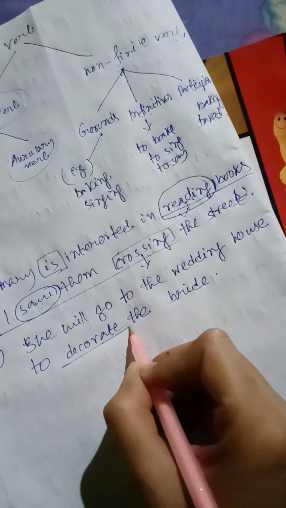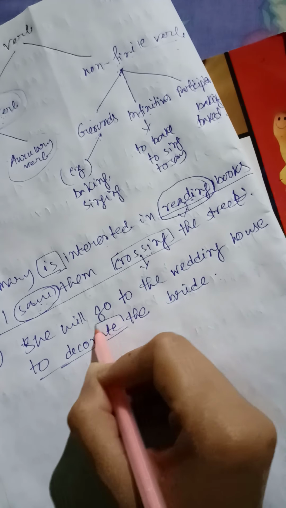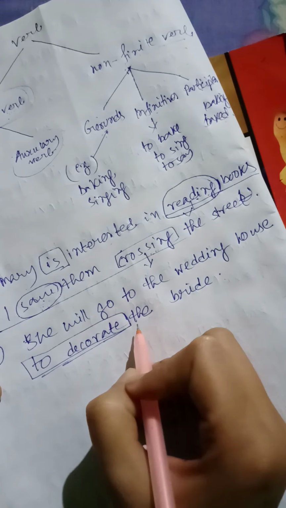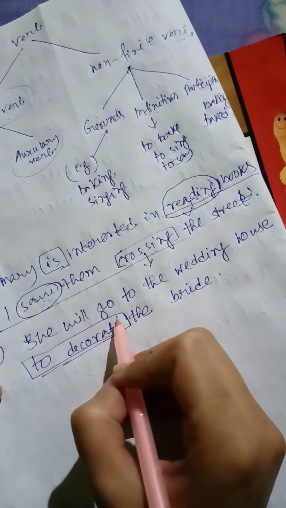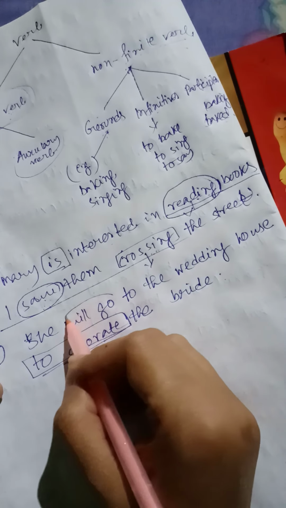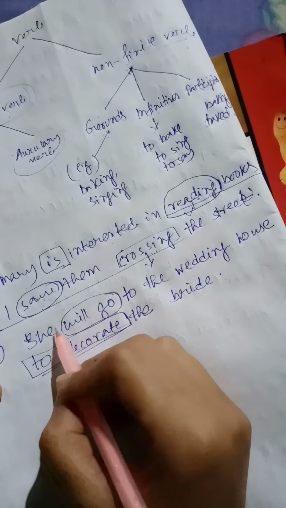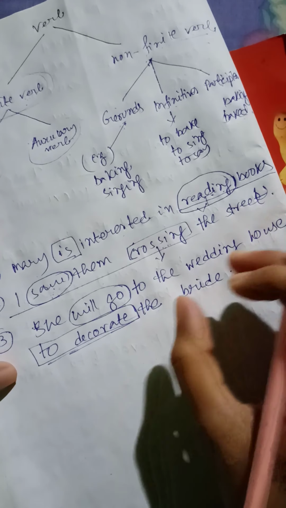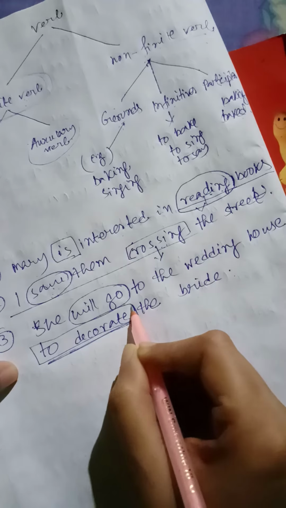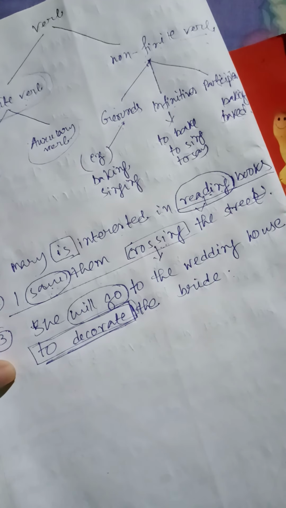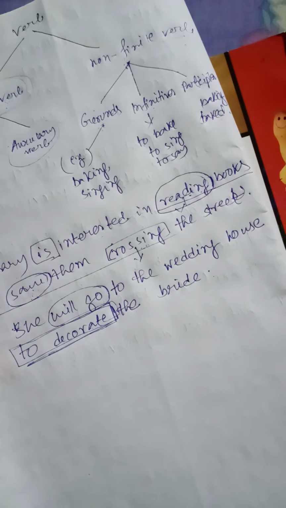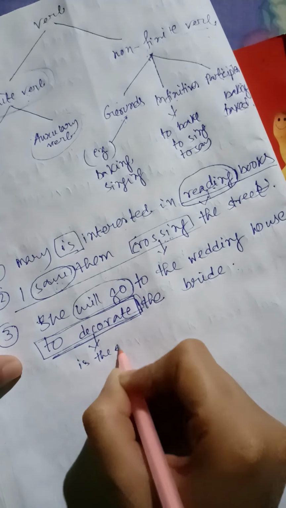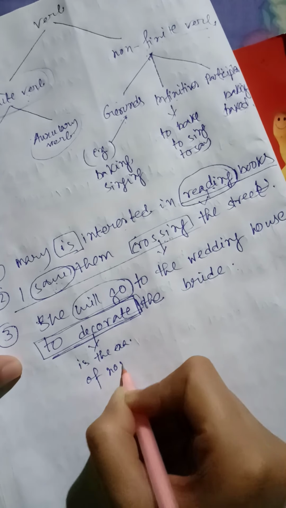Here we can see that decorate is a verb, but this decorate with to is not telling us that the sentence is in future. We can tell the sentence is in future by looking at this form of verb, that is she will go to the wedding house, that is in future tense. But we cannot say this tense is in future by looking at this to decorate, by looking at this form of the verb. Okay, so here the to decorate is the example of a non-finite verb.